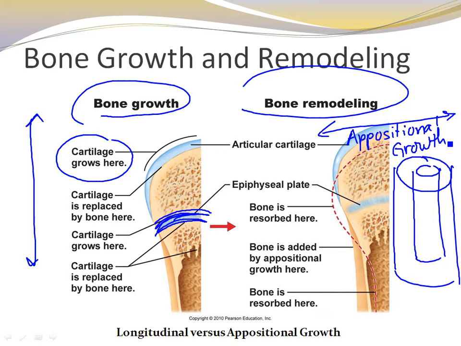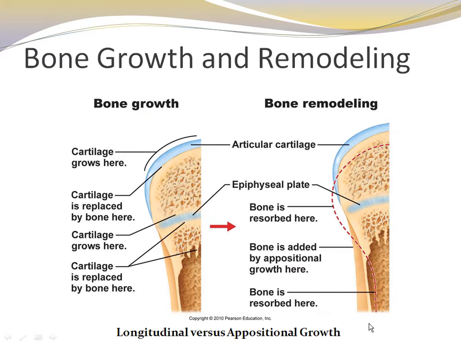And let's see, what about bone remodeling? If we look over here, what they're trying to show you here is that, like here on this little outline here, that might be the original shape of the end of this particular bone. But then notice, compare that with the mature shape that you see there on the diagram. So notice you had some bone over here. What they're trying to show you is that originally the bone, there was some bone sticking out there.